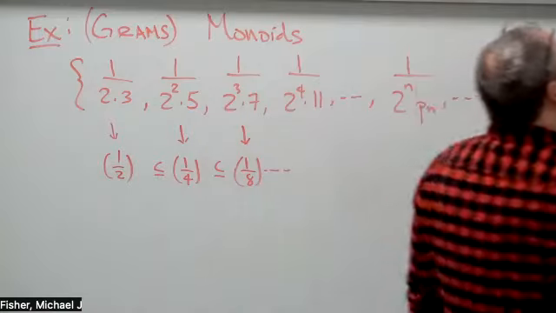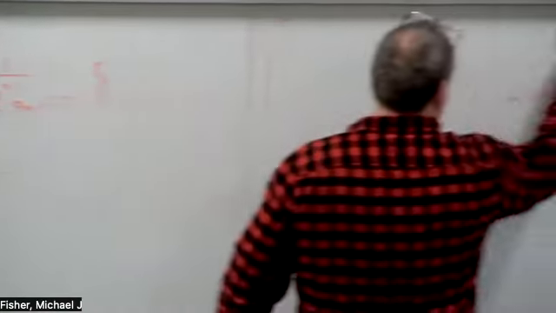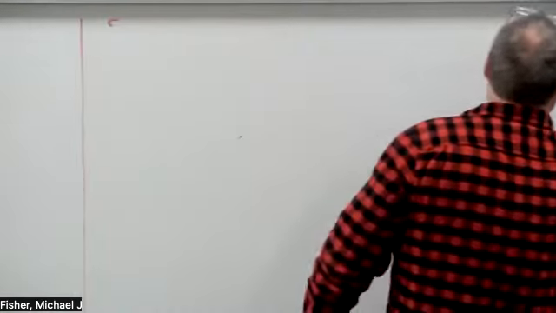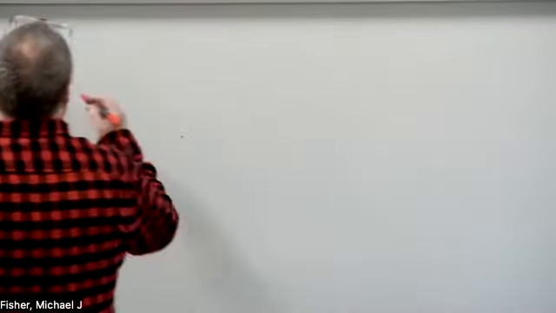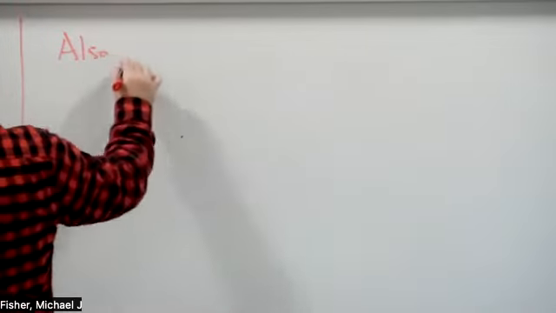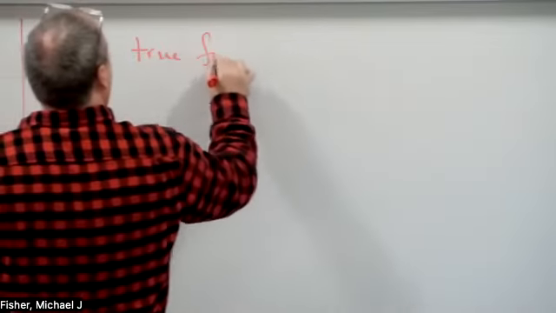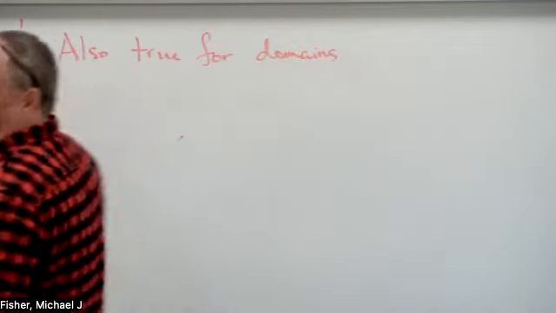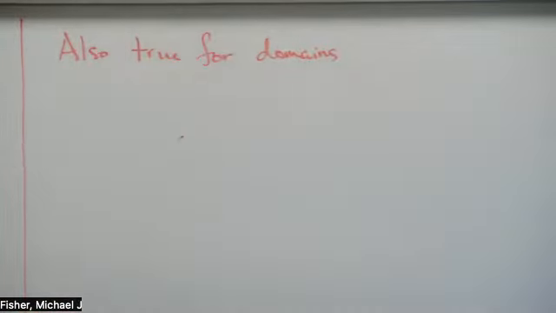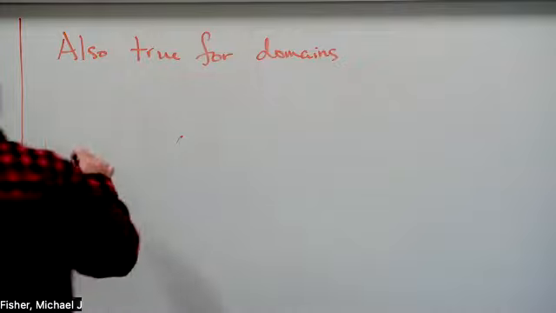Now that's just for monoids. Is this true also for domains? And this is kind of a standard trick. This is also true for domains. Maybe you'll see that earlier connection when I did the monoid 0, 2, 3, 4, 5. Now look at that other ring here. Here's what you do.